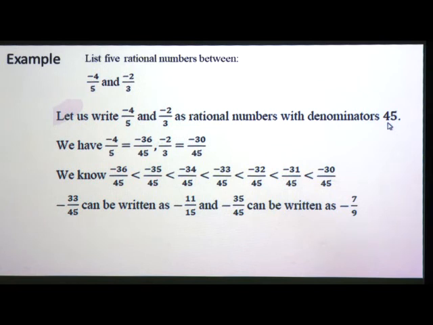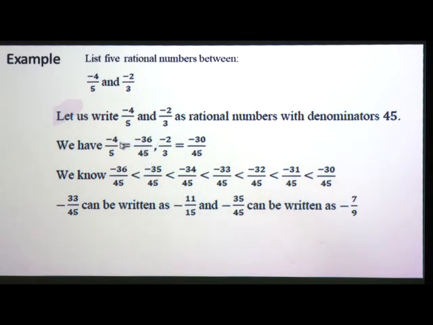So, taking denominator 45, we have minus 4 upon 5 equal to minus 36 upon 45. How? It is nothing but multiplication by 9. So, 9 fours are 36 and 9 fives are 45.